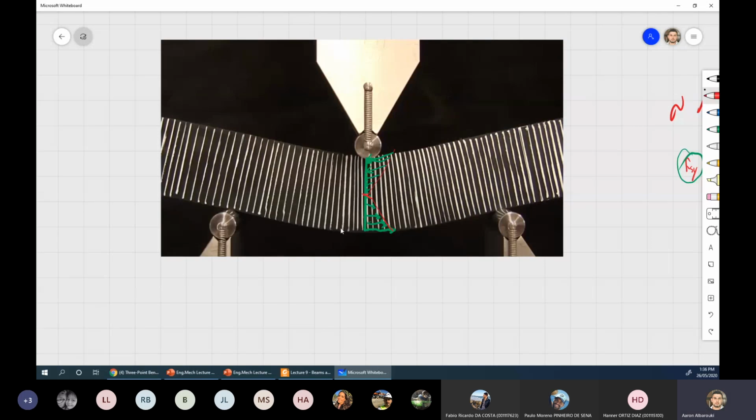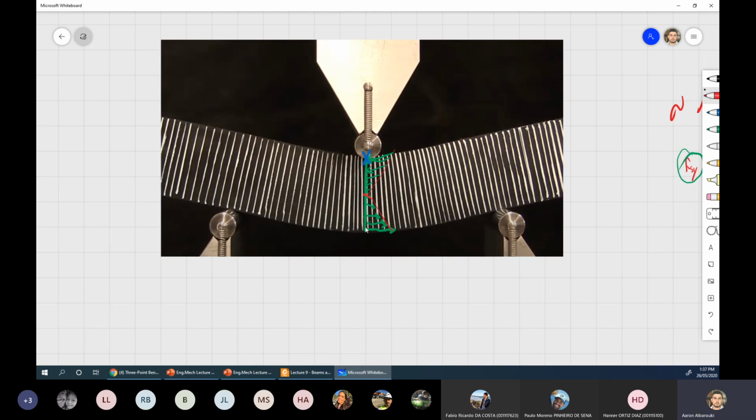Make sense? Just generally speaking, if I ask you which part of this cross section is most stressed under compression? You say this particular point here. Or let's not look at that cross section, let's look at the center cross section, this one here. This point here is the maximum point stressed under compression.